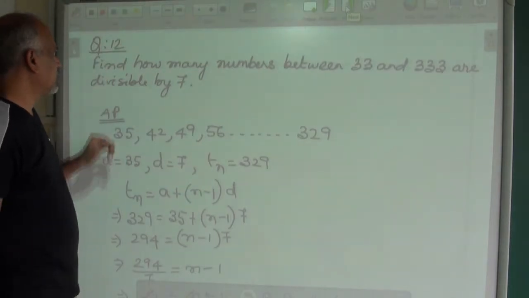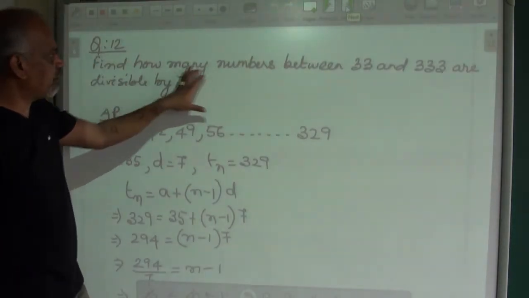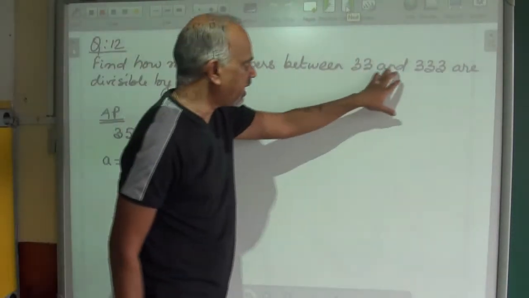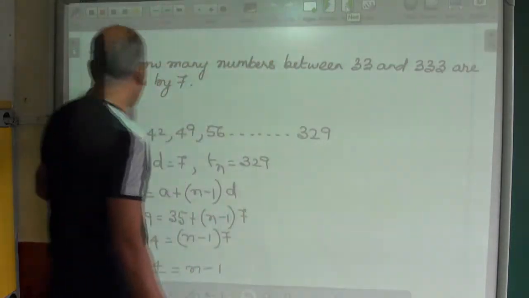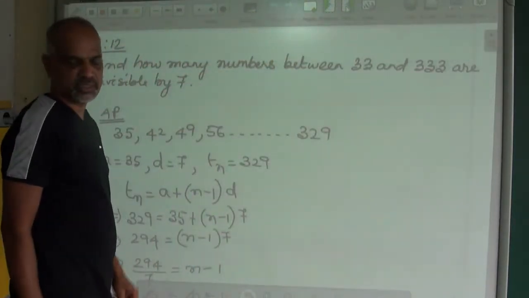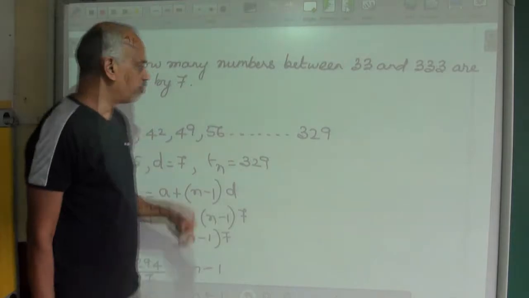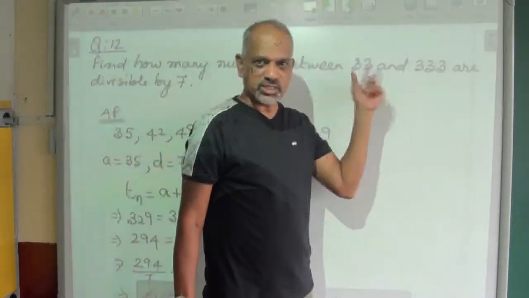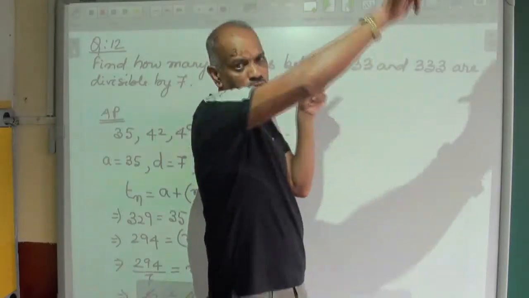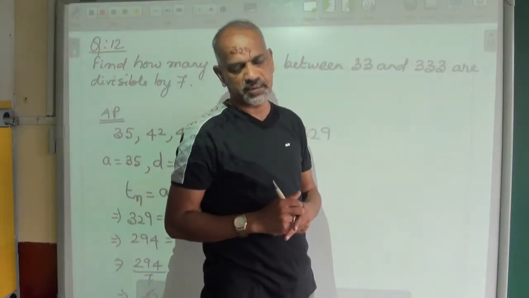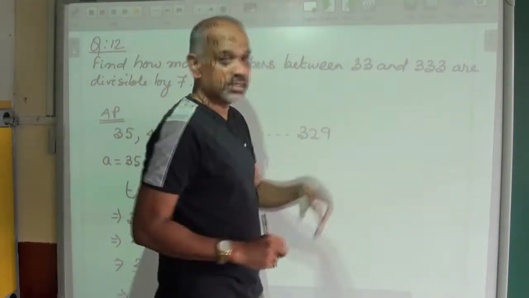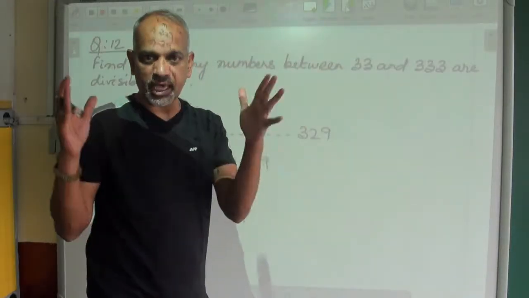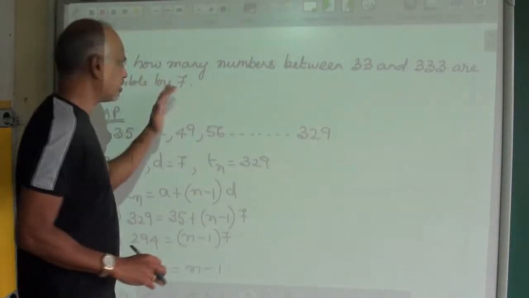Question 12. Find how many numbers between 33 and 333 are divisible by 7. The numbers which you are going to get should be divisible by 7. Let's check this. First number is 33 and then the series goes up to 333. But the numbers which you are going to have in the AP should be divisible by 7.